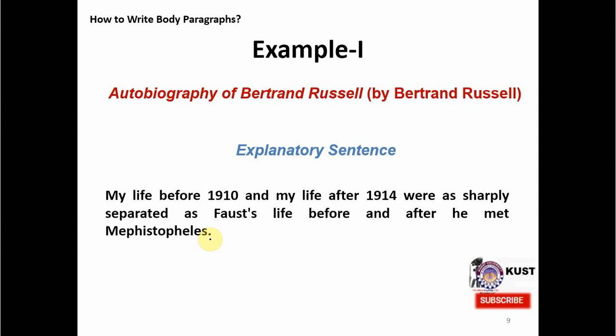And Faust was a German philosopher or astrologer, and he compares his life with Faust's life before and after he met Mephistopheles, who was a kind of devil character in Faust's life. So Bertrand Russell is comparing his life to Faust's life, where Faust also went through a transition period when he met some devil.